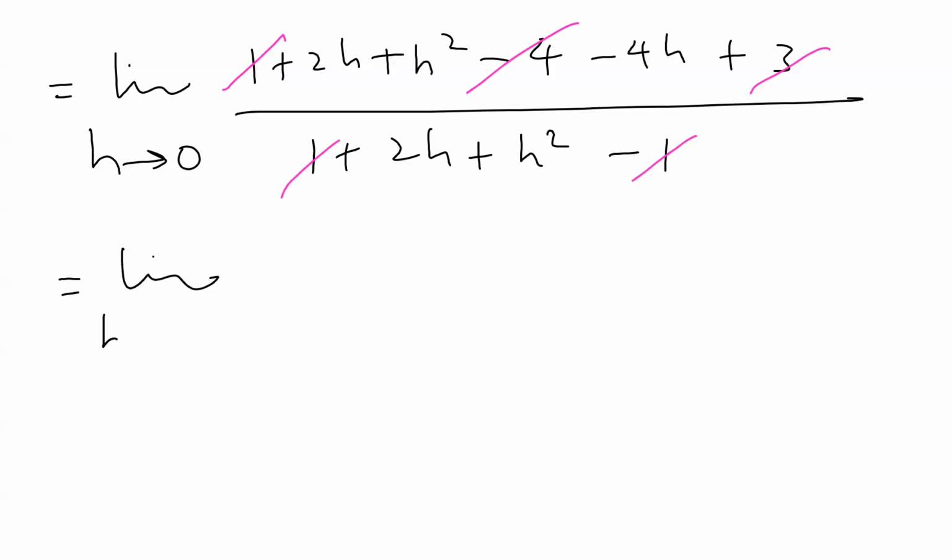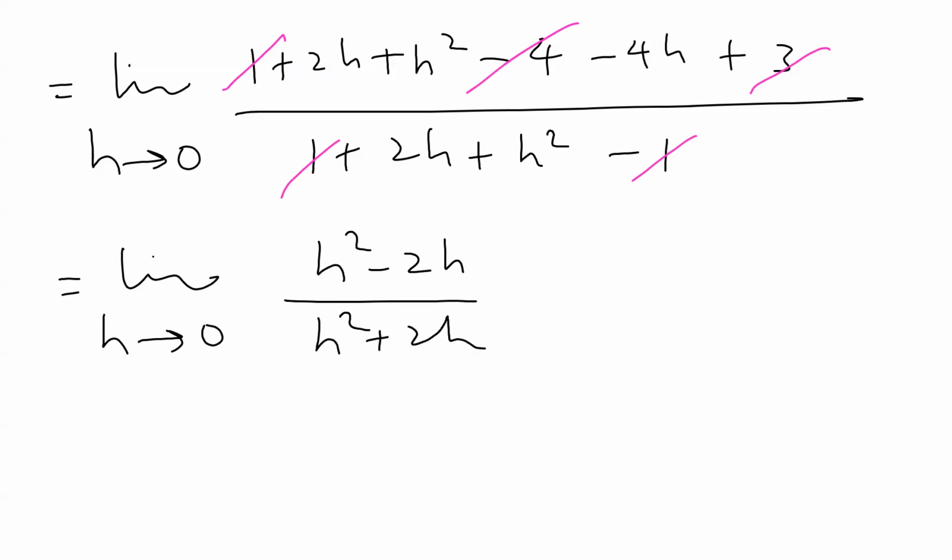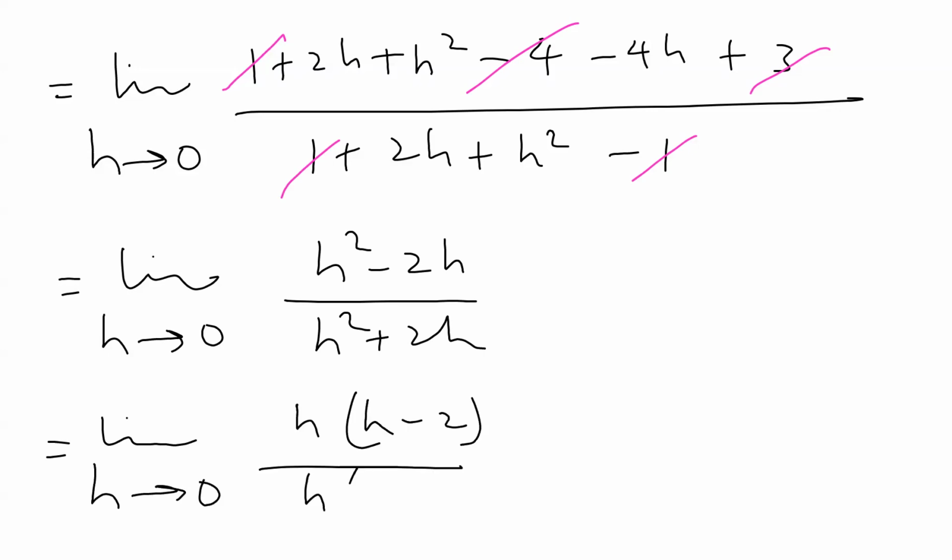So this is going to be limit h approaching 0 of (h square minus 2h) upon (h square plus 2h). Take h common. So h and h get cancelled.